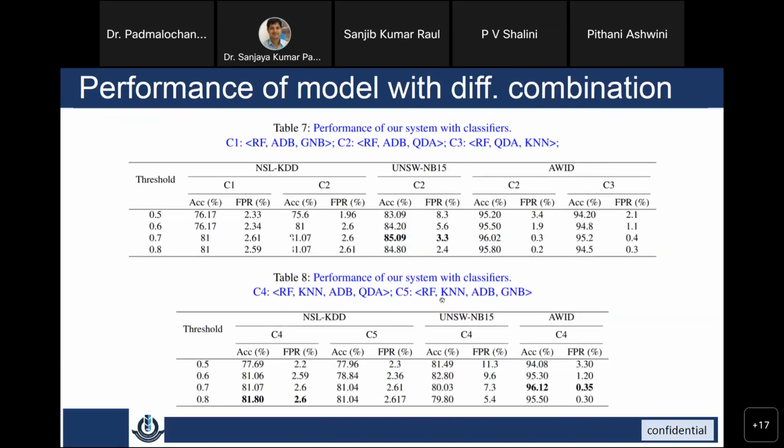We created five different classes and ran the experiments with different thresholds. We observed that for the C2 combination on the UNSW NB15 dataset, accuracy and false positive rate are good with a 0.7 threshold. Similarly, for the AWID dataset with the C4 group, like RF, KNN, QDA, and ADB and QDA, accuracy and false positive rate are good.